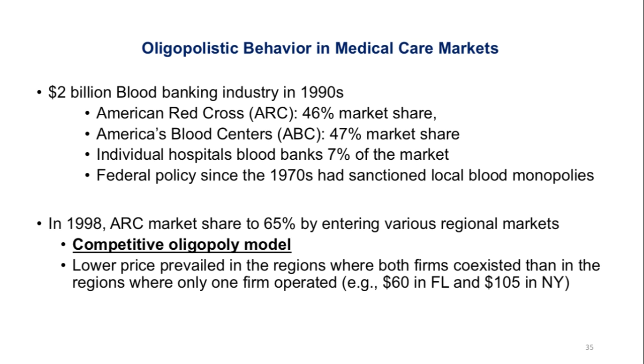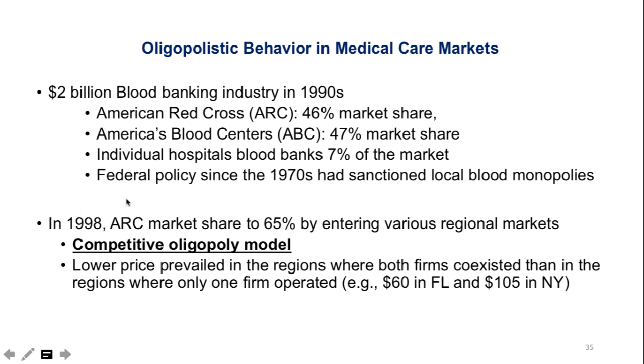For example, oligopolistic behavior in the medical care market. One example would be the $2 billion blood banking industry in the 1990s. There were two big firms here. American Red Cross had 46% of market share, and American Blood Centers had 47% market share, and 7% was for the individual small hospital blood banks.